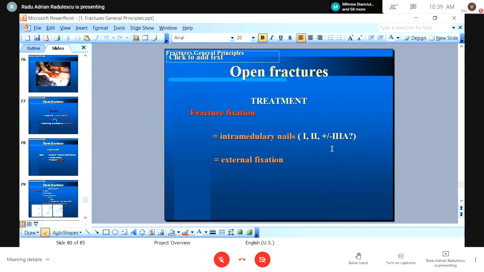And in type 3, we must need an external fixator like I have mentioned before. So it is still a discussion in the specialty literature for the type 3A open fracture, if it may be fixed by the intramedullary nail or not.